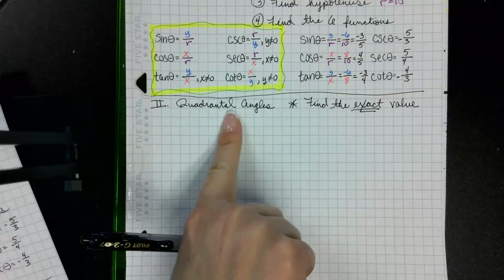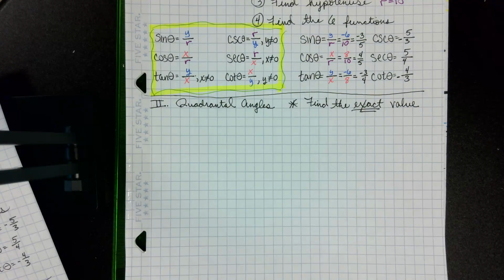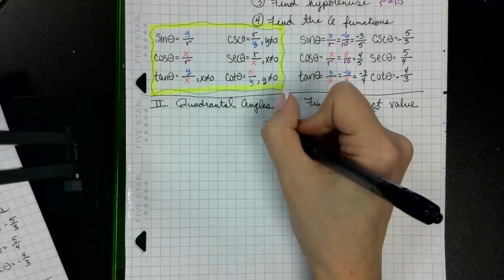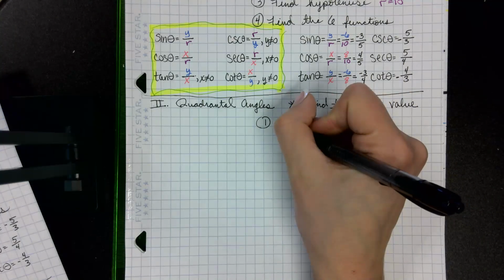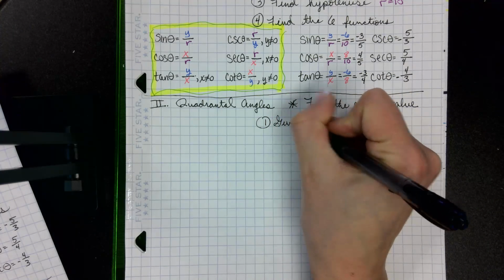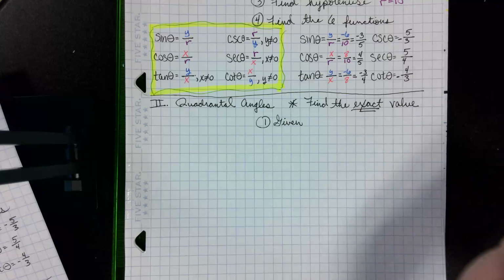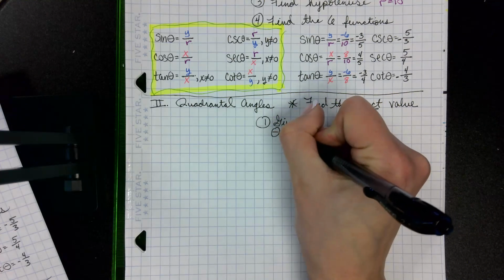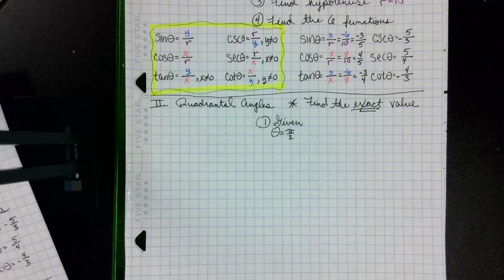And quadrantal angles, we already talked about that word. It is when the terminal side of the angle ends on either the x or the y axis. So the first one is if you're given that theta equals pi over 2. The instructions are to find the 6 trig functions.